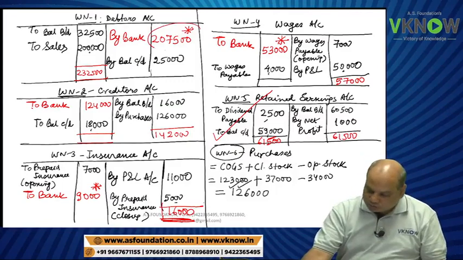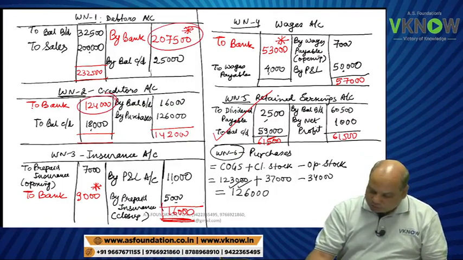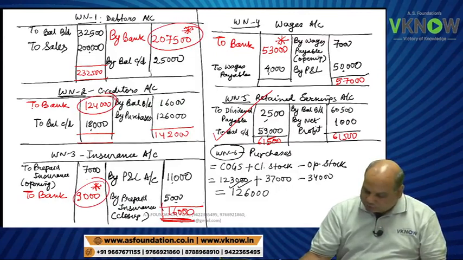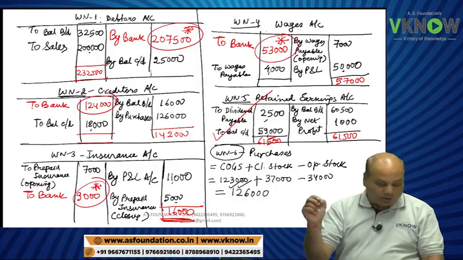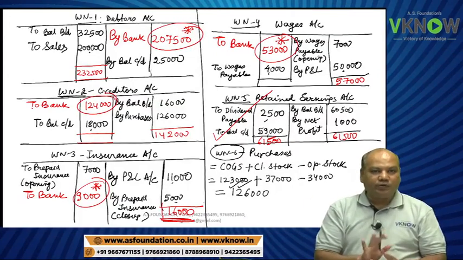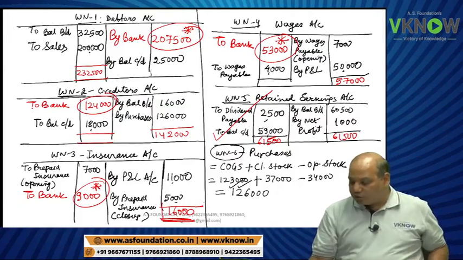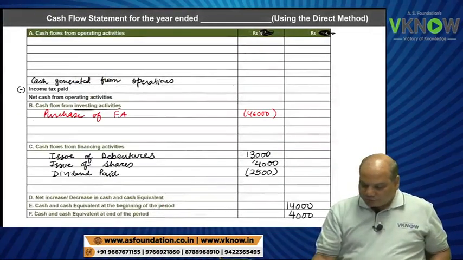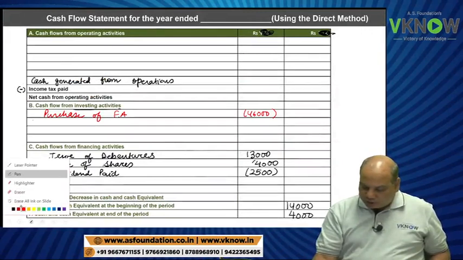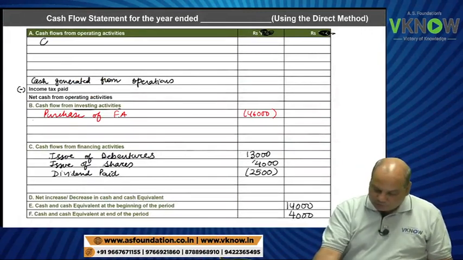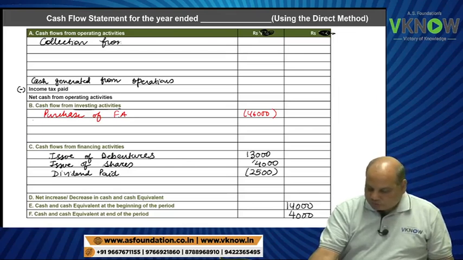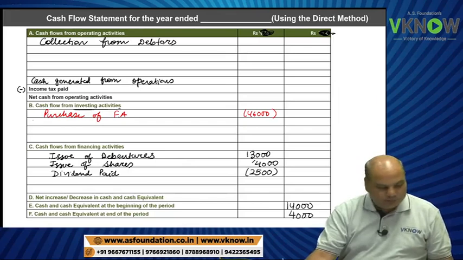What we should do now, all these receipts and payments we should transfer to operating activities. So on the screen at the top, operating activities, you will write the working note yourself.